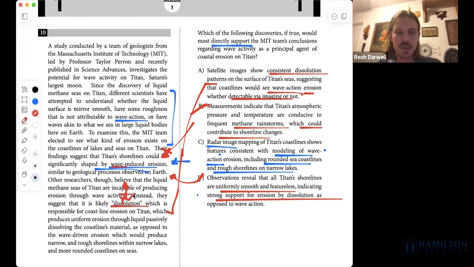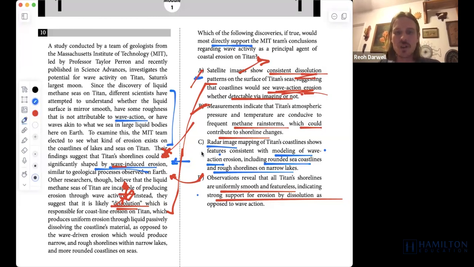So erosion would be produced by dissolution, according to some, but the MIT scientists believe that erosion is produced by waves, okay? This is not a very strong or direct support of their conclusions because it is saying that both dissolution and wave action erosion are present or detectable, possibly, right?